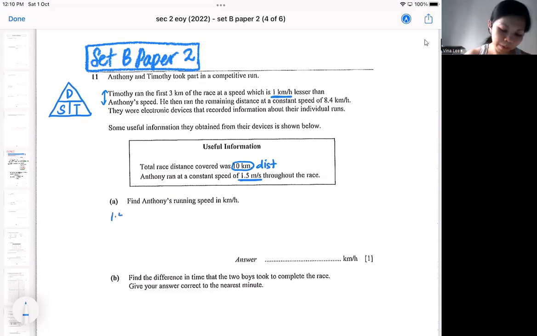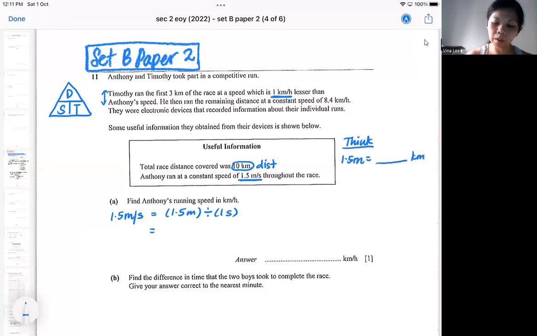So some of you might have an issue. When we say it's 1.5 meter per second, it is as good as 1.5 meter divided by 1 second. So what you will need to do is convert that 1.5 meter to kilometer. So you got to think in a side column. How would you convert 1.5 meter to kilometer?